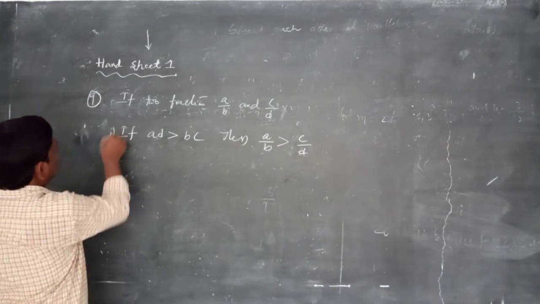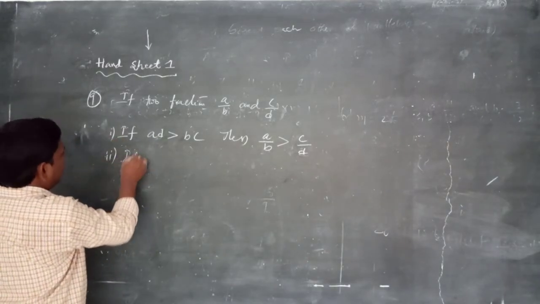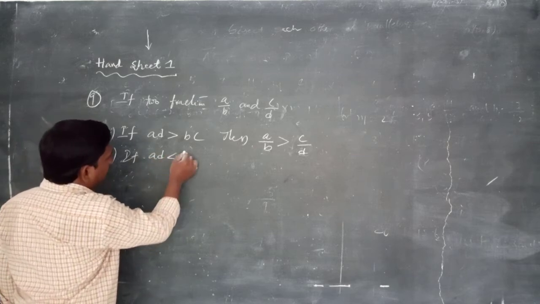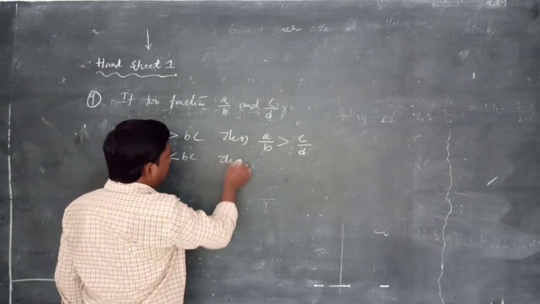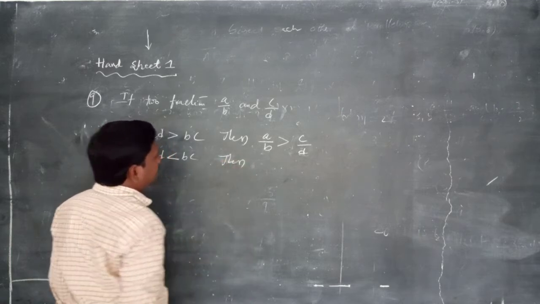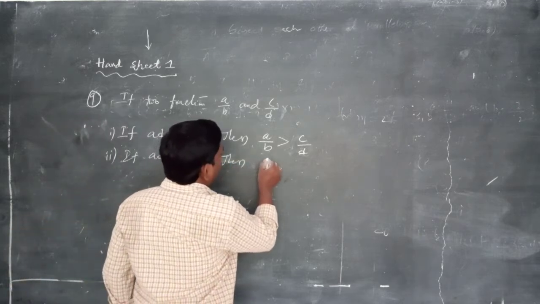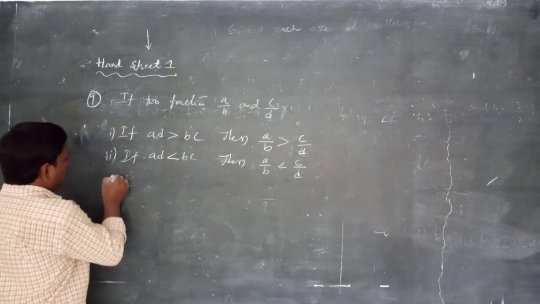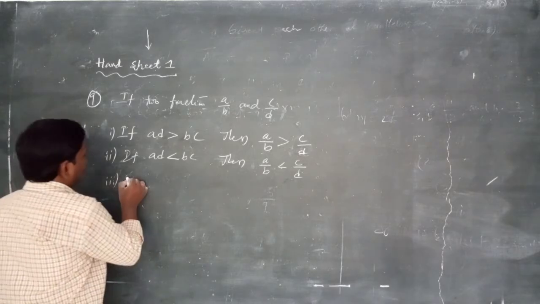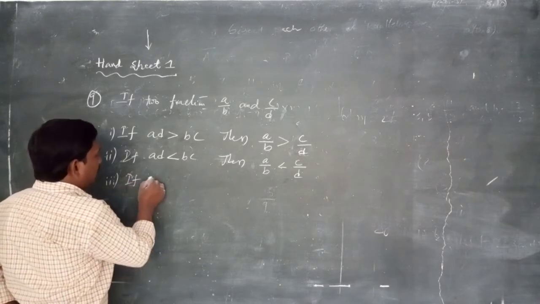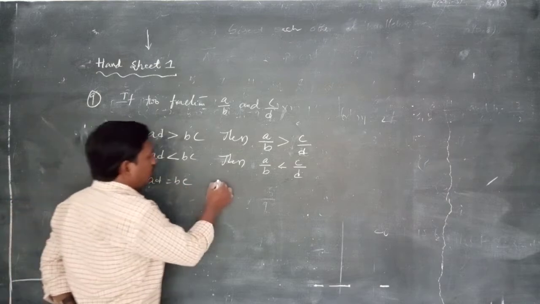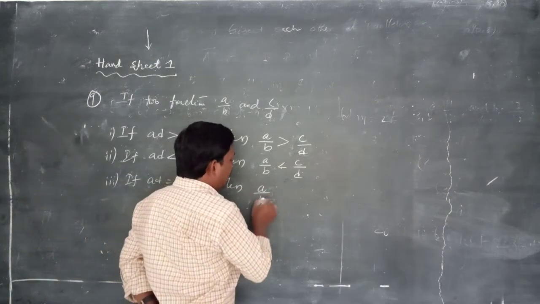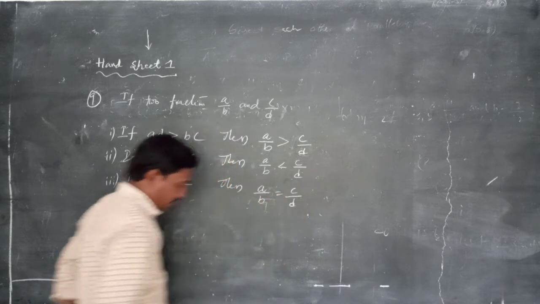And if AD is less than BC, then a by b is less than c by d. And if AD equals BC, then a by b equals c by d.